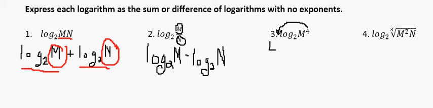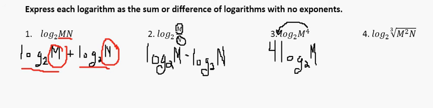So it's 4, and it becomes a multiplication now, times the log base 2 of m. And again, we don't have any other thing in our argument other than m. M is now the only thing that's in our argument.